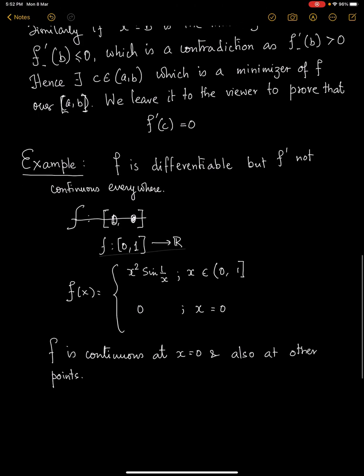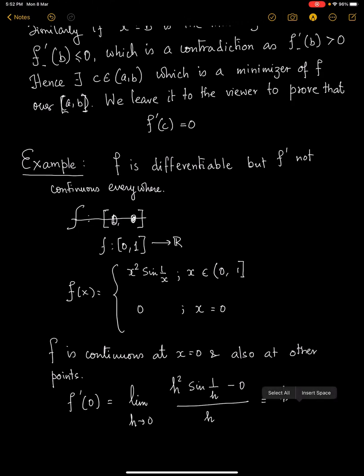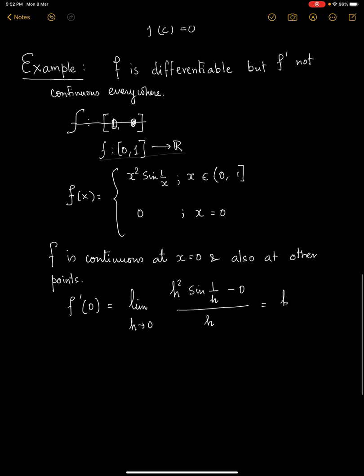Now let us find the derivative at 0. The derivative at 0 is the limit as h tends to 0 of (h square sine 1 by h minus 0) by h, which is nothing but h sine 1 by h, because you cancel the h.